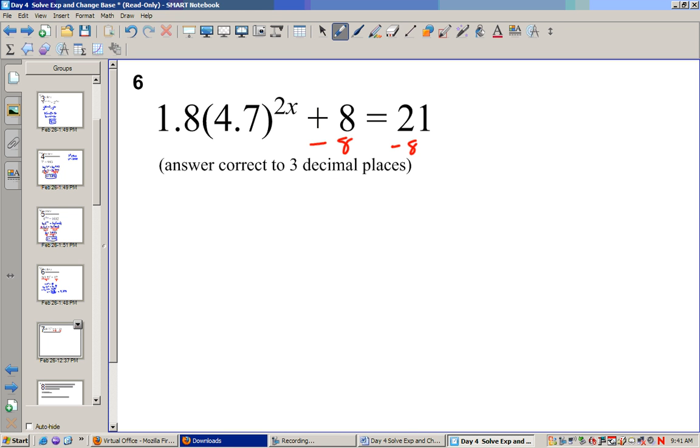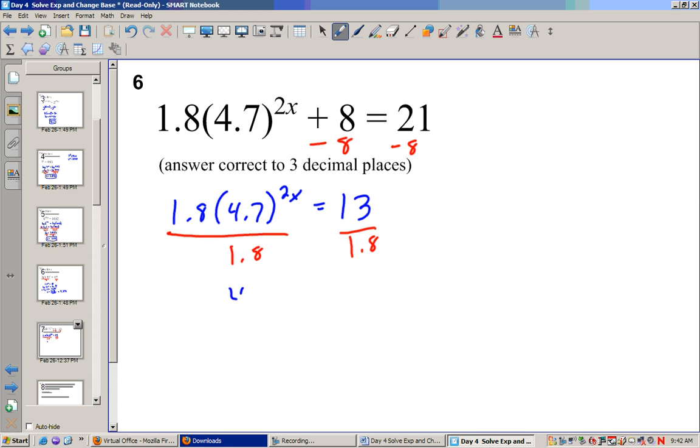First thing I would do is subtract 8. So 1.8 times 4.7 to the 2x would be 13. Now we want to get rid of the 1.8, so I divide by 1.8.